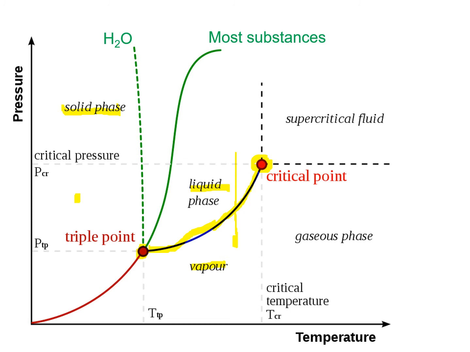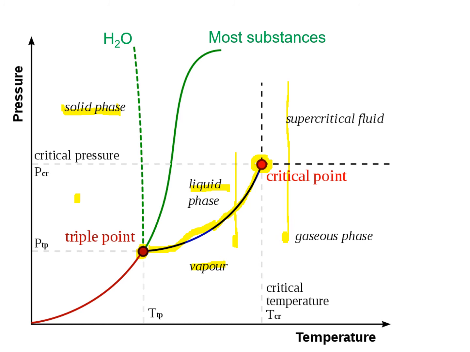But if I'm above the critical temperature, for the same value of pressure, and I start increasing the pressure, no matter how high the pressure goes, I will never cross into the liquid phase area. So above the critical temperature, no matter how high the pressure, you cannot transform the vapor into liquid.